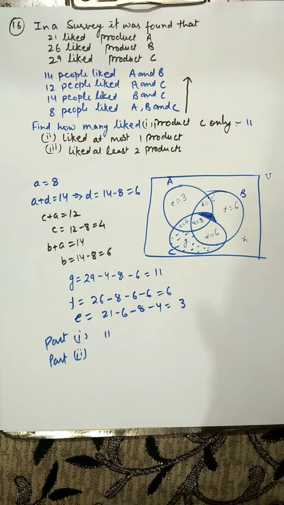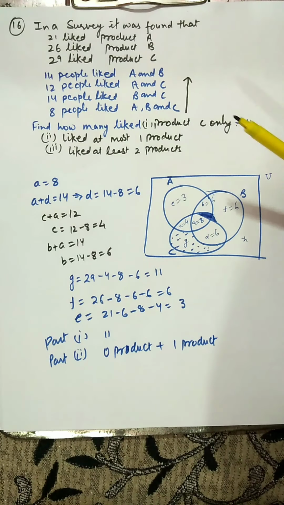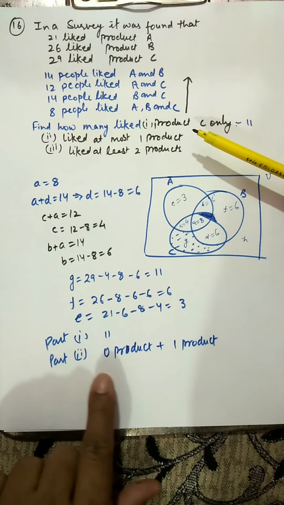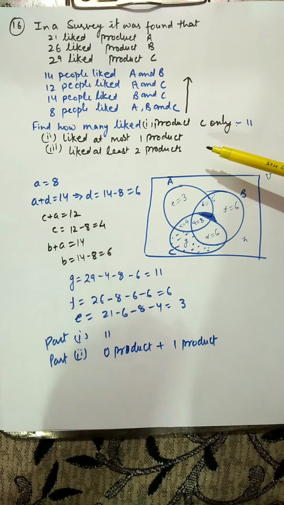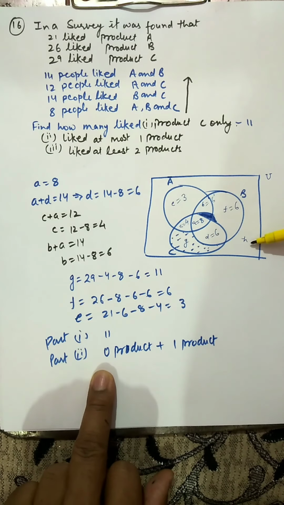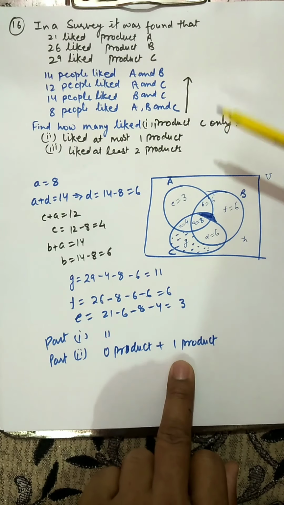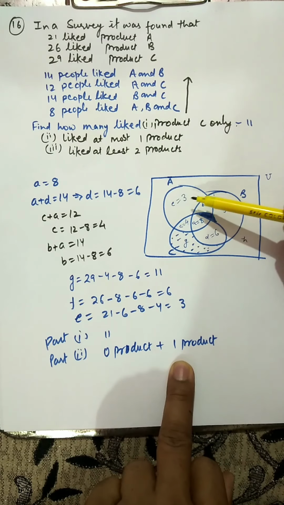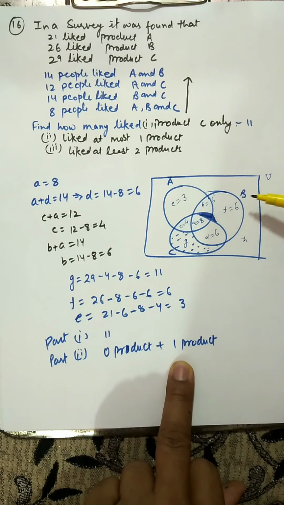So at most one product means either the person is not liking any of the products, meaning this H area they are asking, or at most one product, meaning either A only, B only, or C only.